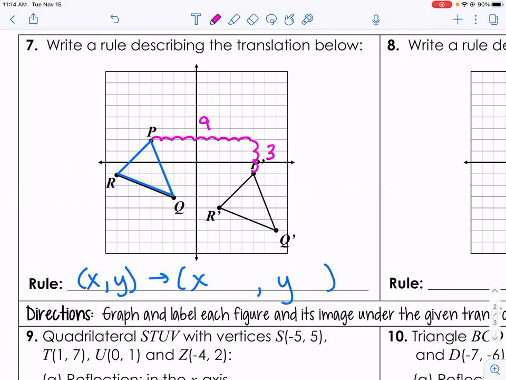So how do we write the right 9? So x plus 9, and how do we write the down 3? Y minus 3. Boom. Okay.